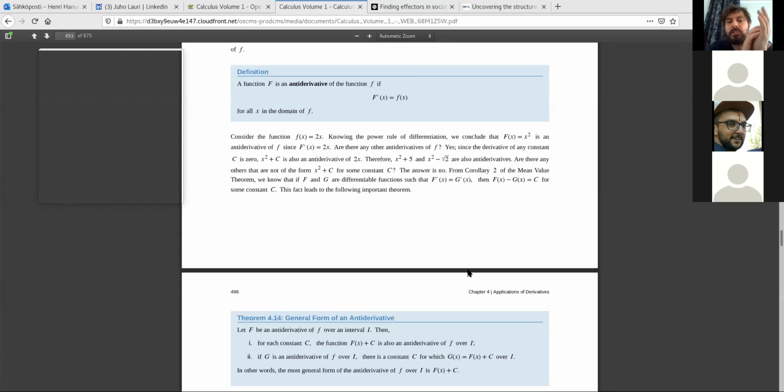But this begs the question, if we think of this as an operation on the function, what is its opposite operation? And I don't like to think of it this way. One reason being that it's not injective as an operation.